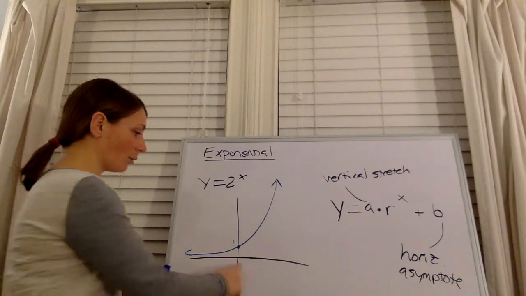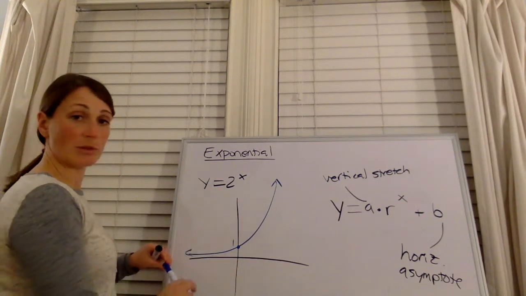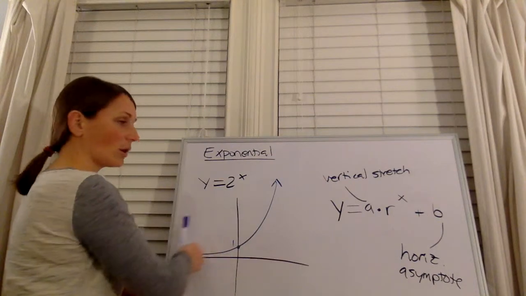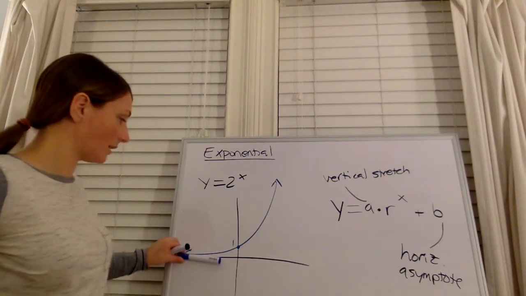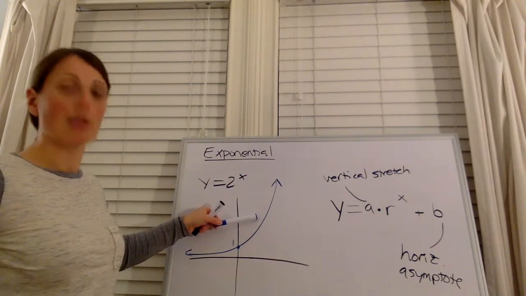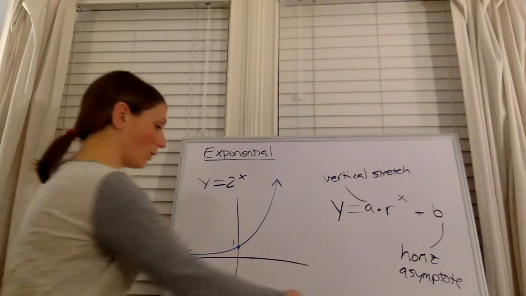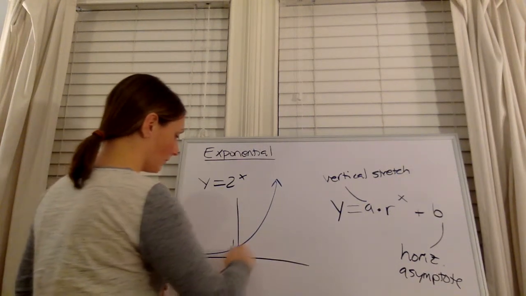It is invertible because, first of all, it's a function. The vertical line test works, so it is a function, but also I can do a horizontal line test and see that the reflection of this is going to be a function. So this has an inverse, and I can sketch it.